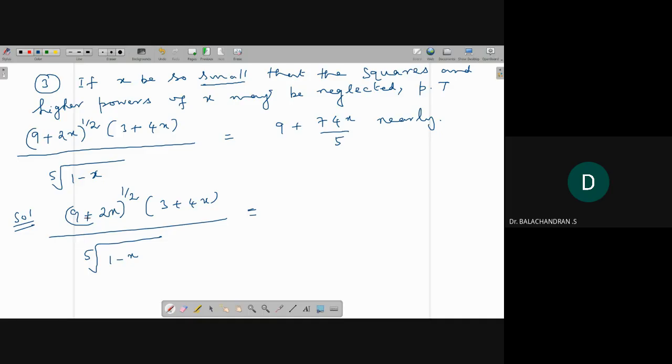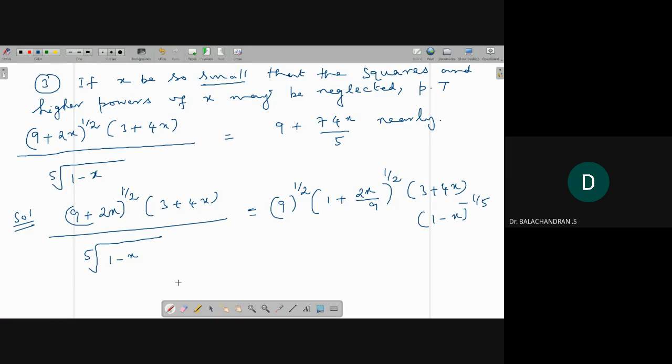Yes, correct, 9. So 9 power half into (1 plus 2x by 9) whole power half. I just keep 3 plus 4x as it is. I will write the 1 minus x whole power minus 1 by 5 in the numerator. I don't have the space, that's why I'll write here.